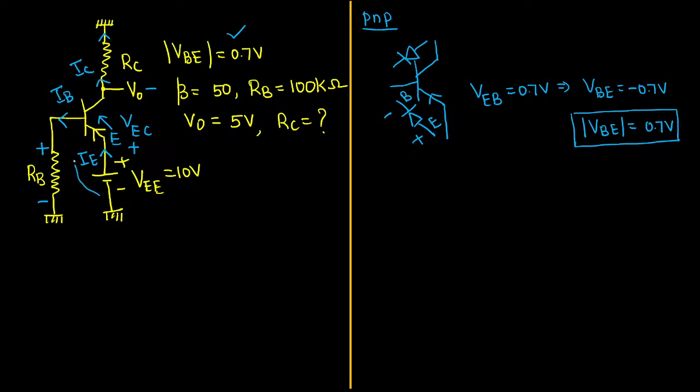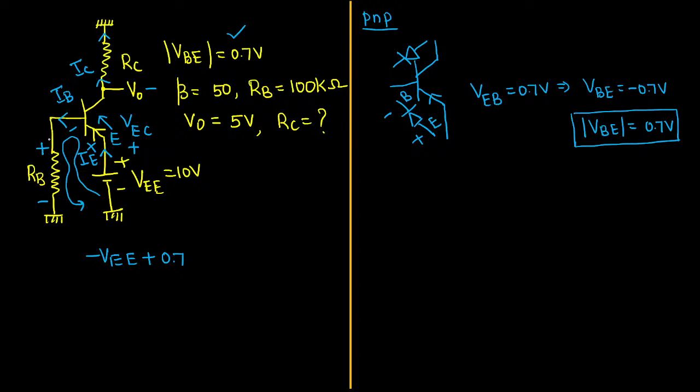Apply KVL for this. What will you do now? See, I am starting from here. Minus VEE, first one. Next term, base to emitter. How will you apply the polarity? This is going to be plus, this is going to be minus. Yes, sir. So the starting polarity will be plus, and the voltage drop is automatically going to be 0.7. We know how to mark the polarity.